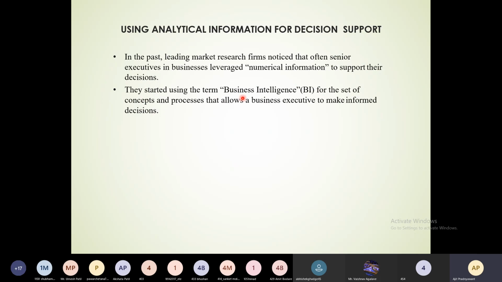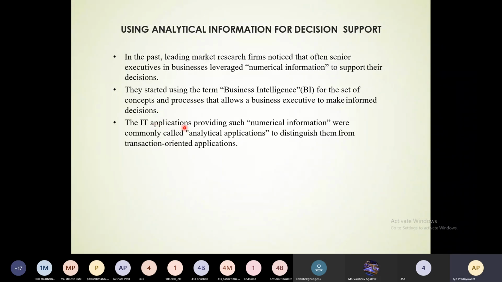They started using the term business intelligence for the set of concepts and processes that allows a business executive to make informed decisions. IT applications providing such numerical information were commonly called analytical applications to distinguish them from transaction-oriented applications. Decision making becomes informed decision making with the use of business intelligence.